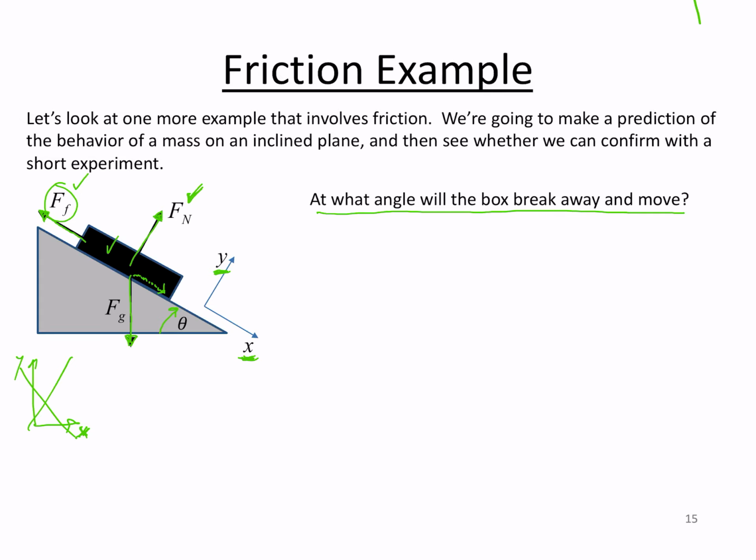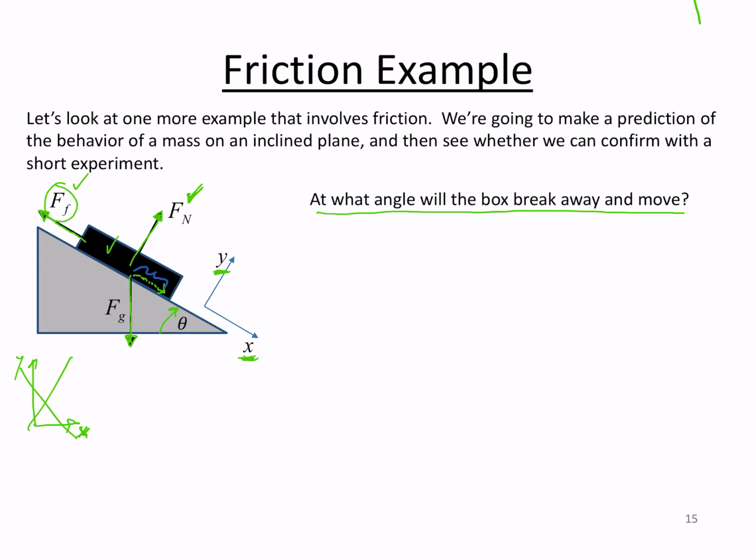Well, we want an angle, and we have some ideas about how we might relate the angle to the forces, because we know, for instance, that this little piece of gravity here that's acting in the positive x-axis is going to depend on what this theta is. The more you tilt up the incline, the larger that component along the incline is going to be.